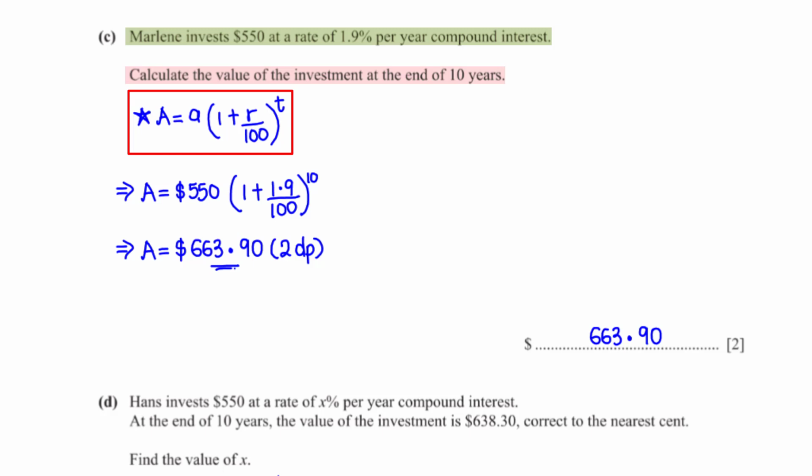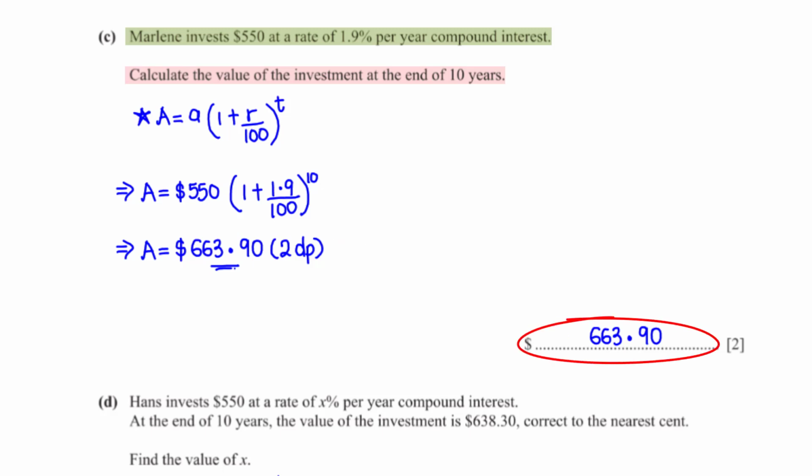Small a represents the principal, which is $550. R is the annual rate, which is 1.9%. And T is the time duration in years for the investment, which is 10. When we type this into the calculator, we get $663.90 rounded to 2 decimal places.